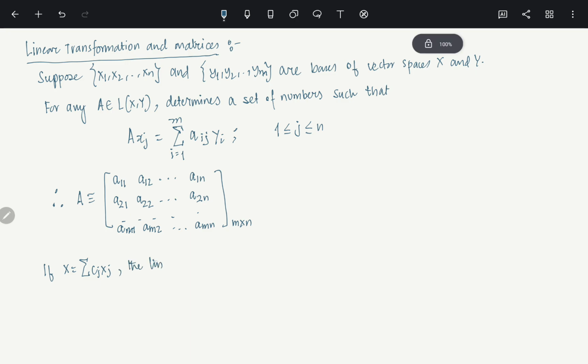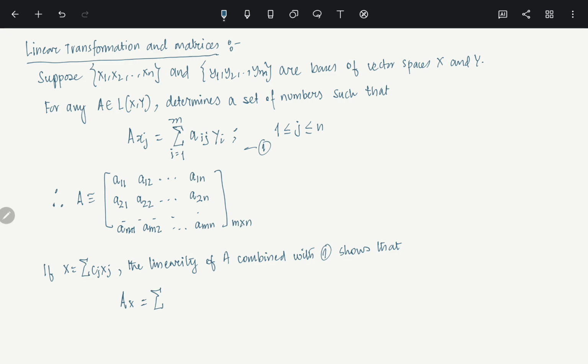The linearity of A, combined with the representation of A, shows that A of x is nothing but the summation, since x is the summation of cj xj.